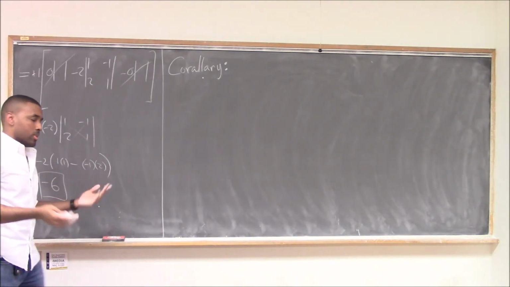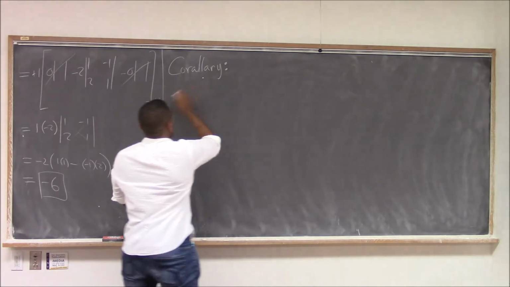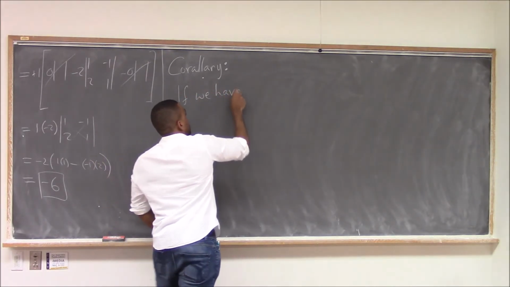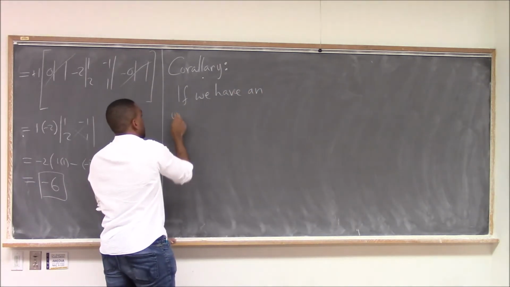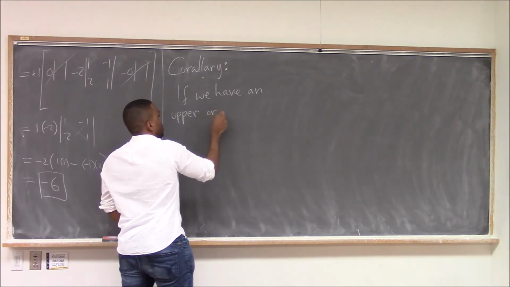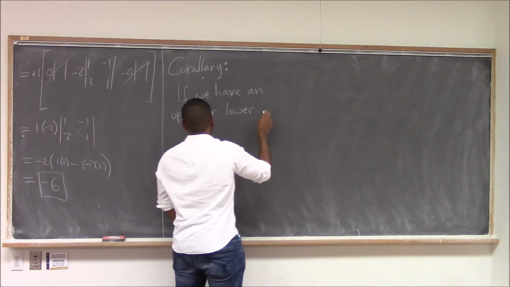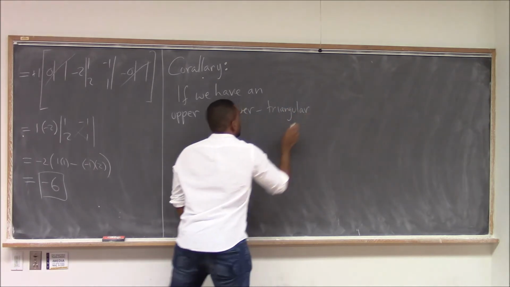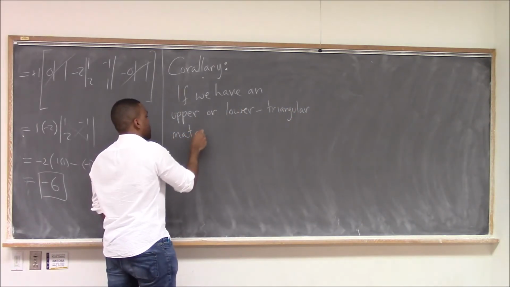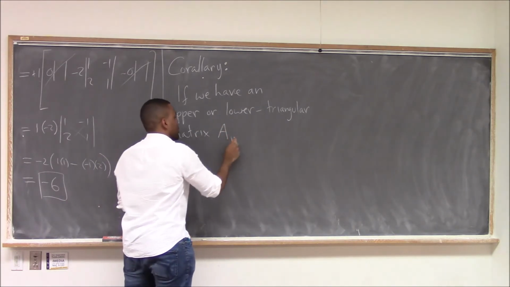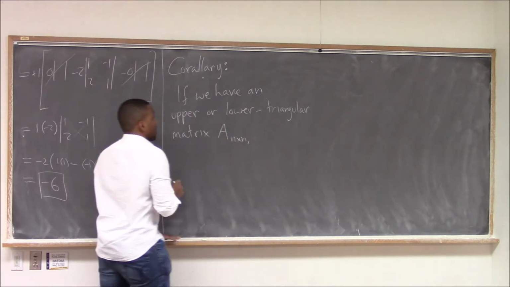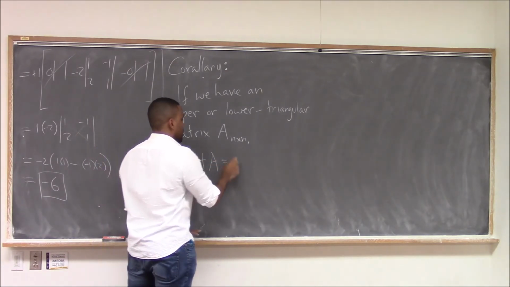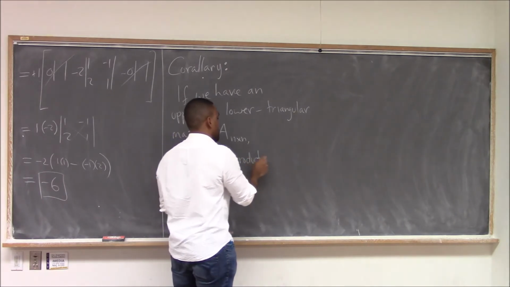I'm not going to tell you how this works, but let's say we have an upper or lower triangular matrix, then the determinant of A is just the product of all the diagonal elements.